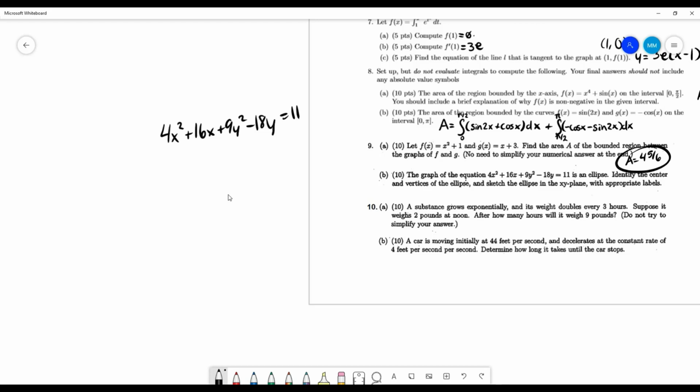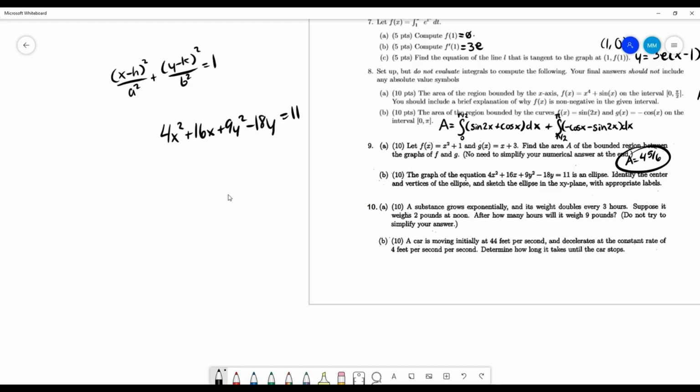So first let's put this into a form of ellipses that we recognize, right? So remember our equation for an ellipse is x minus h squared over a squared plus y minus k squared over b squared equals 1. So I'm going to first, I see I've got an x squared and an x, which means that there's definitely some factoring I can do there.